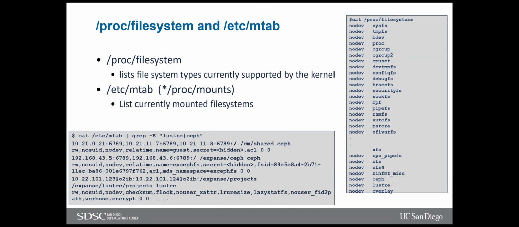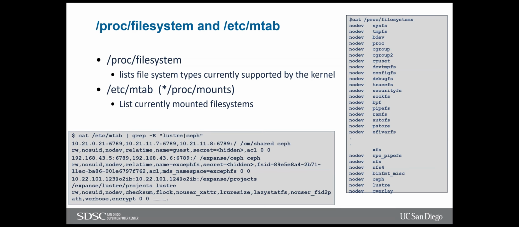If you want to know what file systems are actually mounted on your system, you can use the etc mtab file. If you run this on Expanse, it is going to list everybody's home directory, so this is not very interesting for you. If you're looking for a specific type of file system, you can again use the scripting language to pull out specifics.